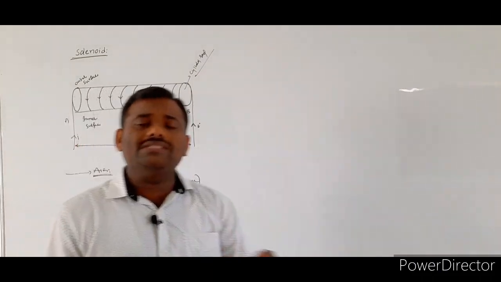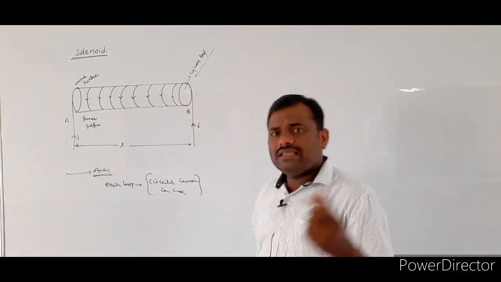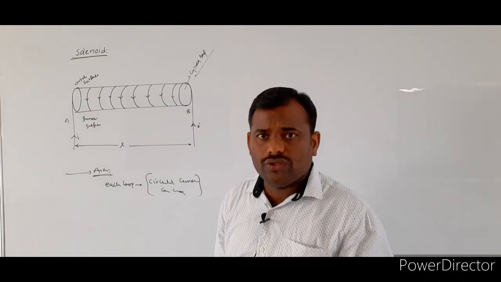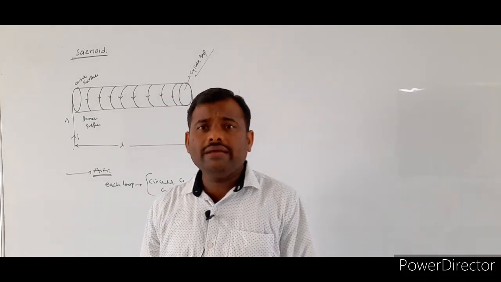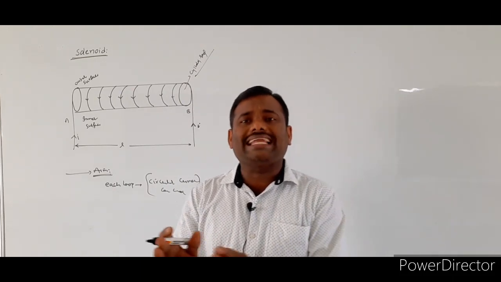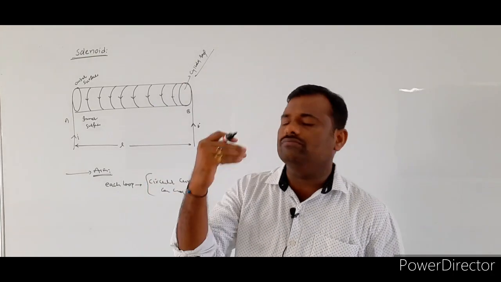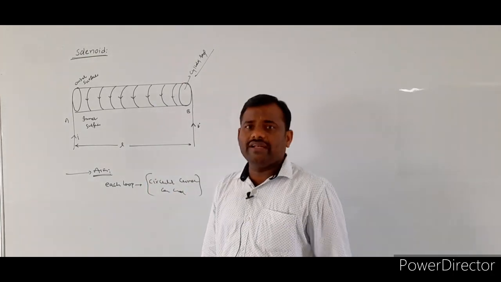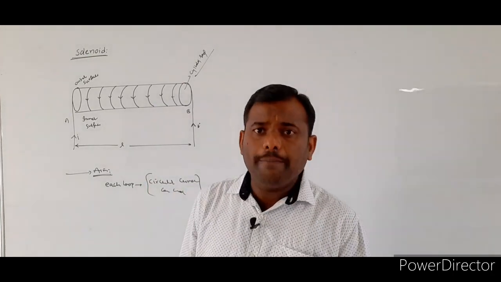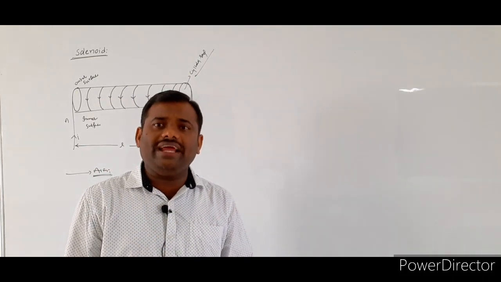Like that, if you consider n number of loops, they are producing n individual magnetic fields. To calculate the resultant magnetic field intensity, we have to follow the principle of superposition for getting the resultant magnetic field induction.